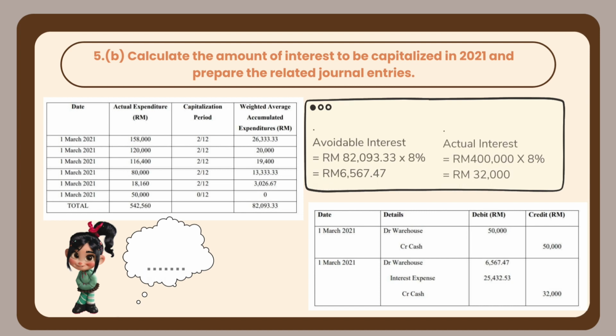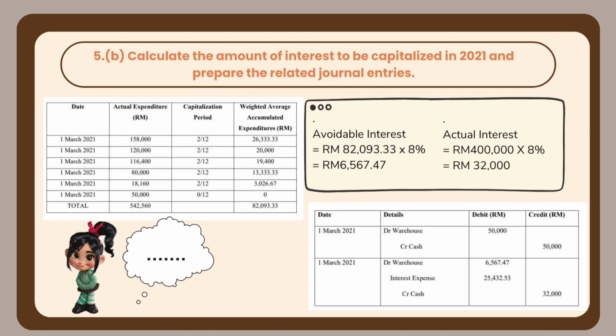Calculate the amount of interest to be capitalized in 2021 and prepare the related journal entries. Actual expenditure for 2021 is 542,560 ringgit. For weighted average accumulated expenditure, total is 82,093 ringgit and 33 cent.